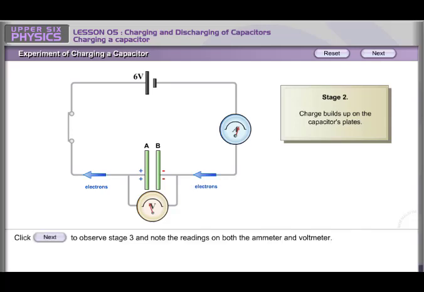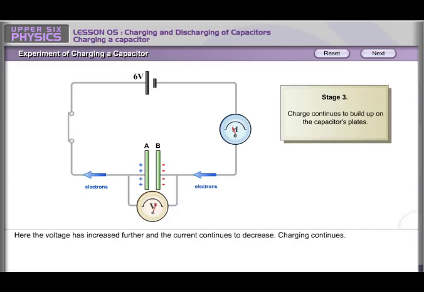Click the Next button to observe Stage 3 and note the readings on both the ammeter and voltmeter. Here, the voltage has increased further and the current continues to decrease. Charging continues.